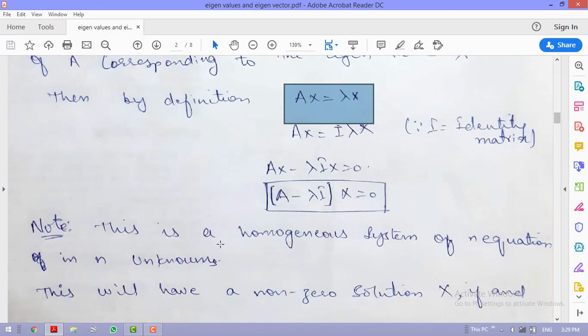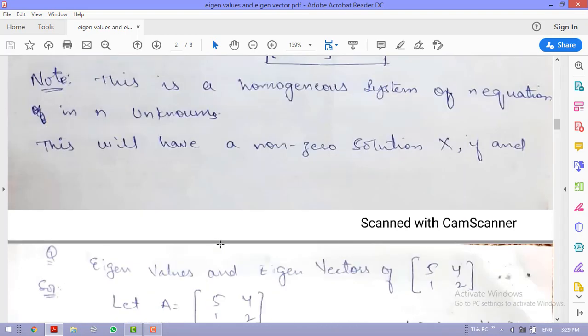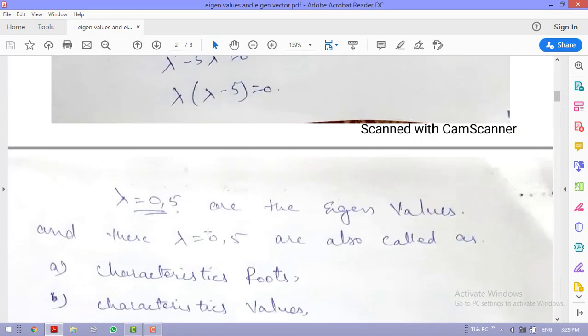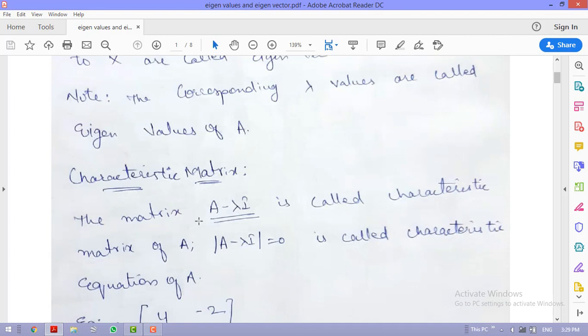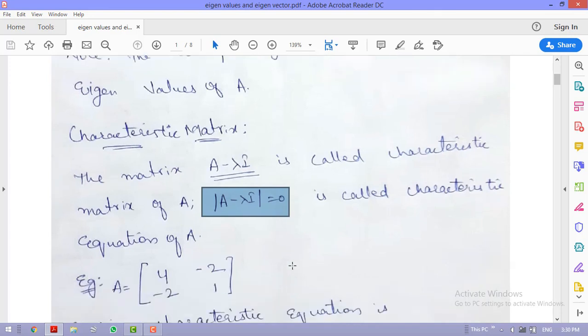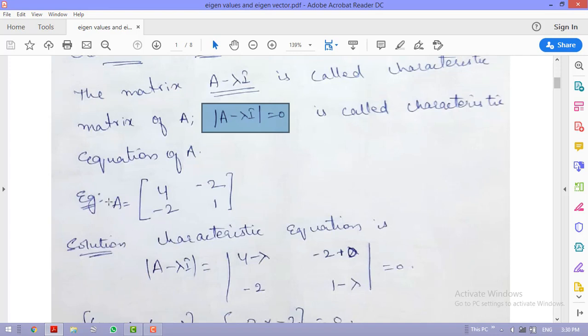So this will have a non-zero solution x if the determinant of this term is zero. This term, A minus lambda I, is called the characteristic matrix, and if its determinant is equal to 0, that is, it is a singular matrix, then you can say this equation is the characteristic equation of A. So let us understand this by an example: A equals [4 -2; -2 1].